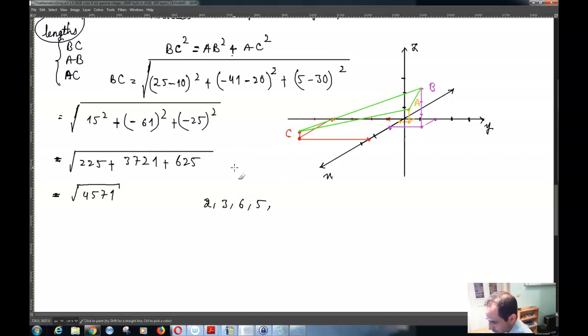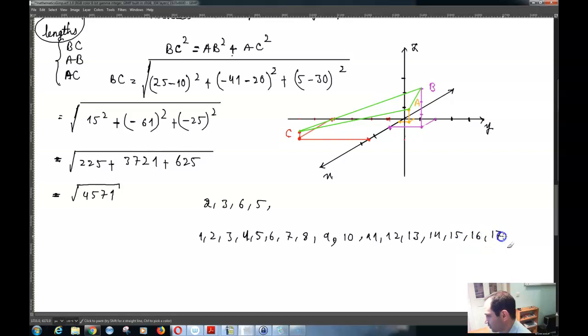For 4 you can use the divisibility test for 2. Now let's count the numbers: 1, 2, 3, up to 13, and there is also 17.